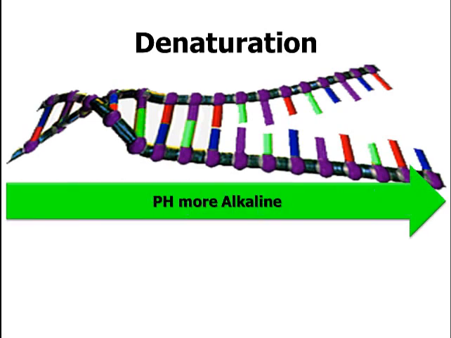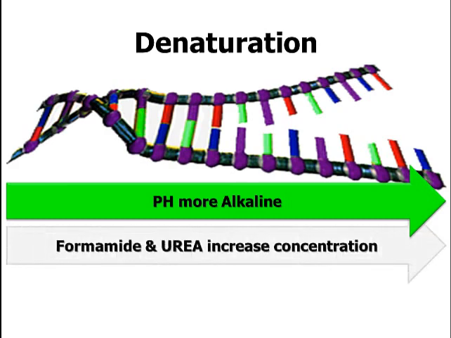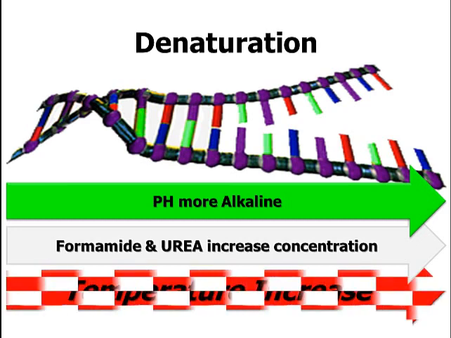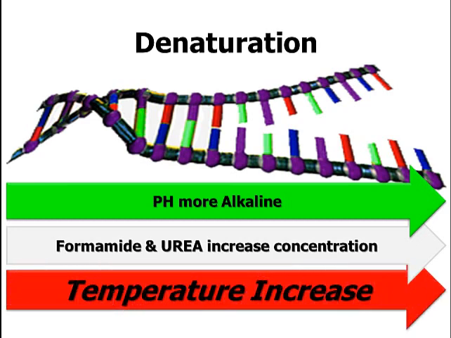When pH gets more alkaline, when the concentration of some chemicals like formamide or urea goes up, and finally, possibly the most important one, when the temperature increases.